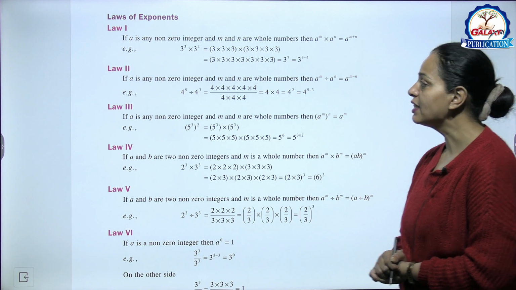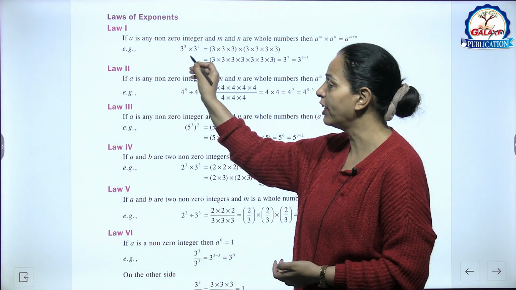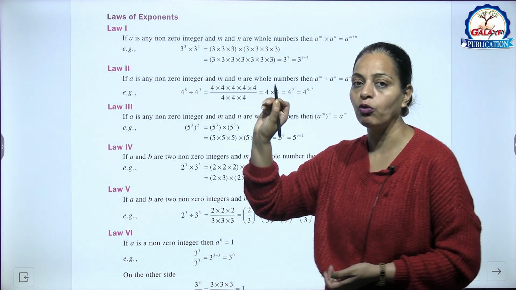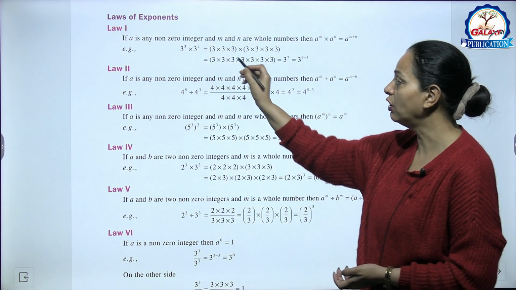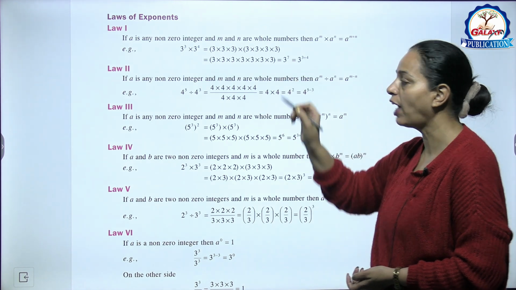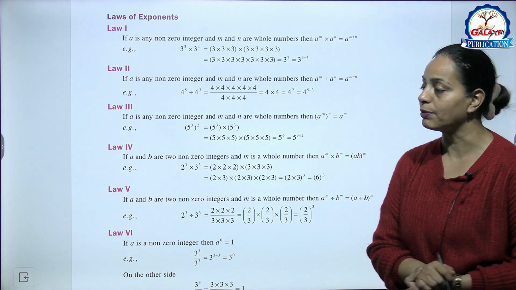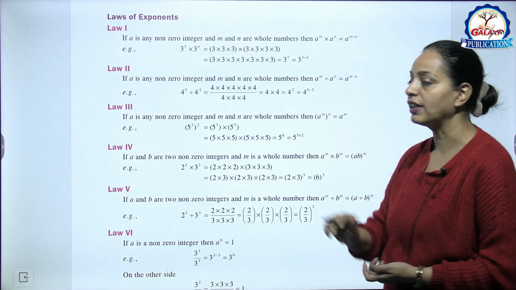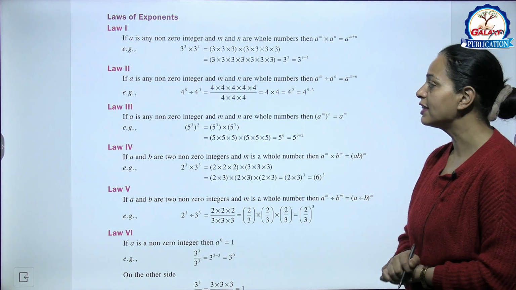Add, right? See here, for example, 3 raised to the power 3 multiply 3 raised to the power 4. तो ये क्या बन जाएगा? 3, 3 times and 3, 4 times. So total 3 how many times? 7 times. Means 3 raised to the power 3 plus 4, that is 3 raised to the power 7.